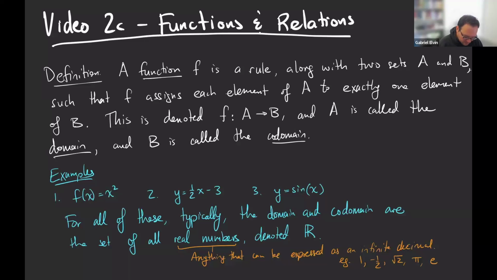Another example would be a function, I'll call it P, whose domain is the integers and whose codomain is either true or false. And what's the rule?